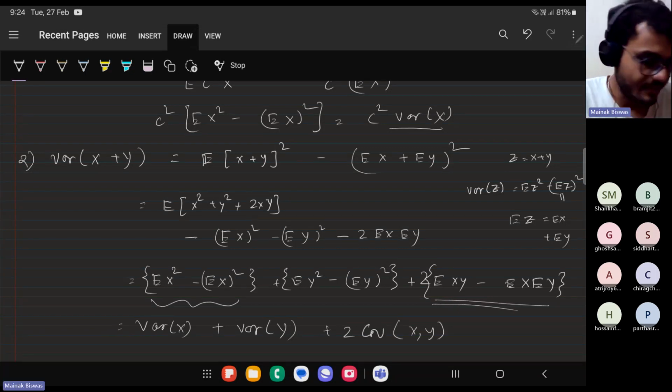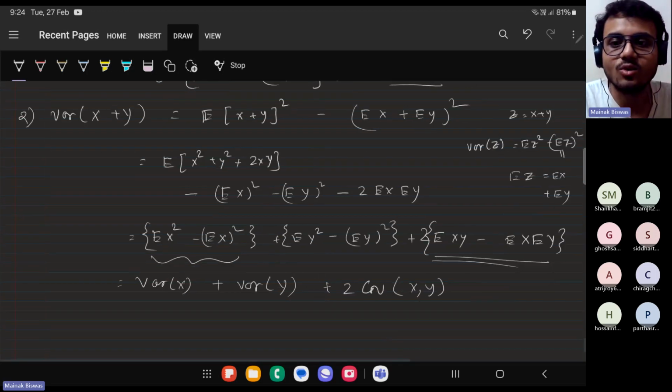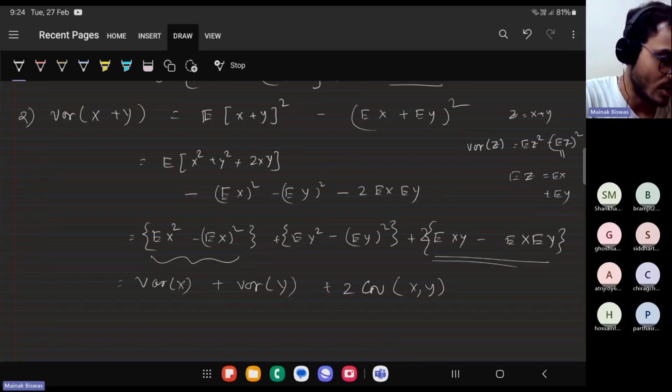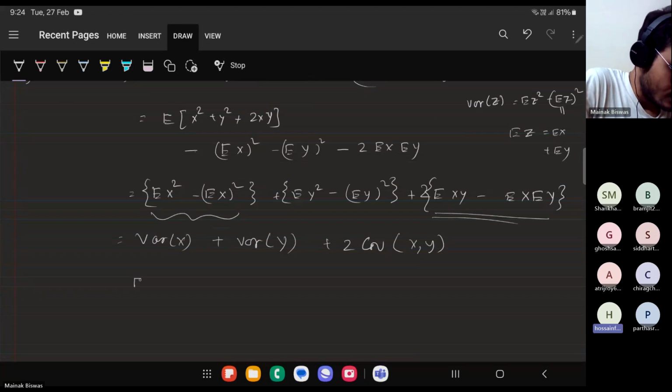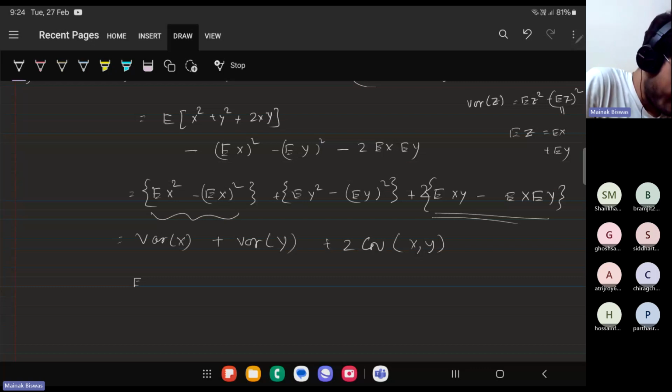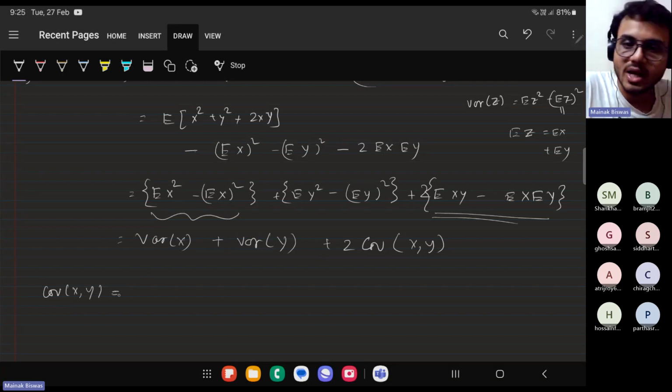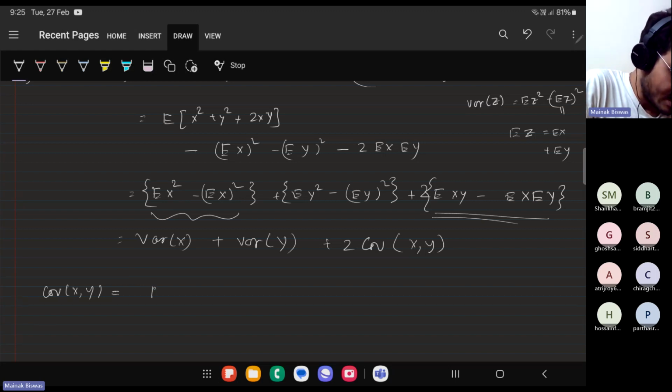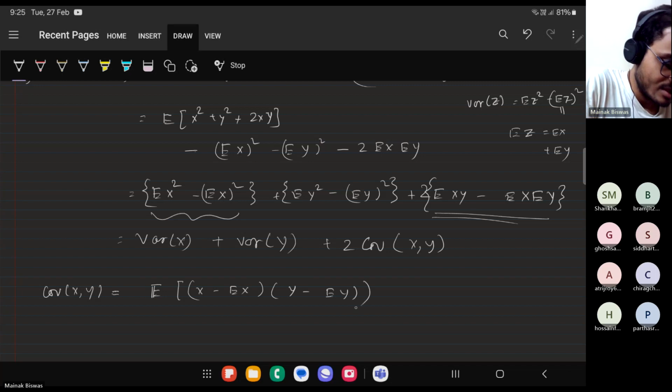What does that mean? Let us see. Covariance is how x and y vary with one another. In other words, for independent variables, it will be 0, right? Exactly, that's the idea. Covariance of xy is defined as expected value of x minus expected value of x, times y minus expected value of y.